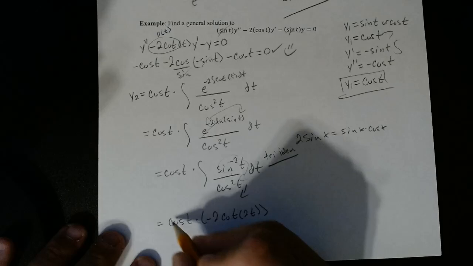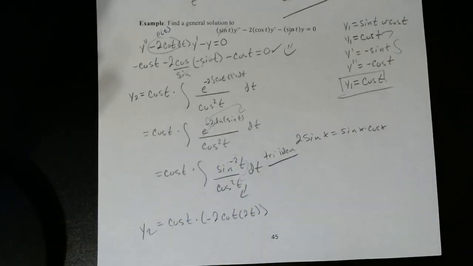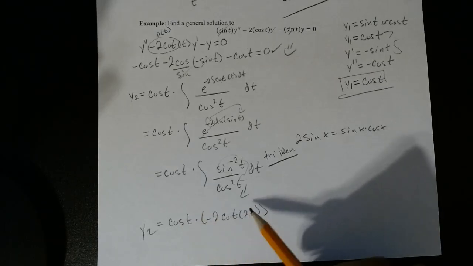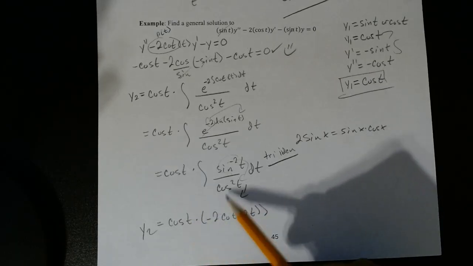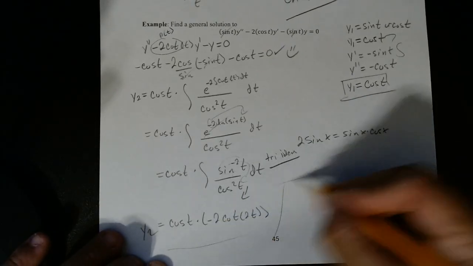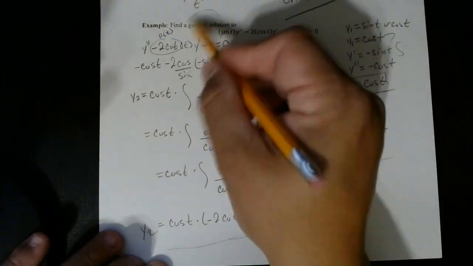So this process will be y2. If you want, you could distribute it to be cotangent squared or cosine squared over sine, but not a big deal. But our goal was to actually find a general solution.